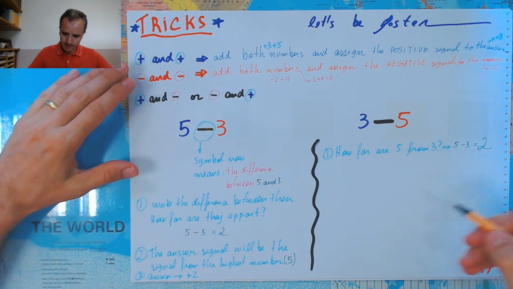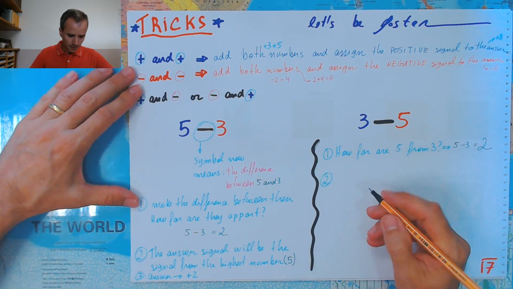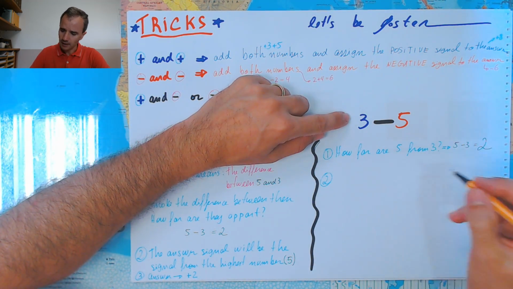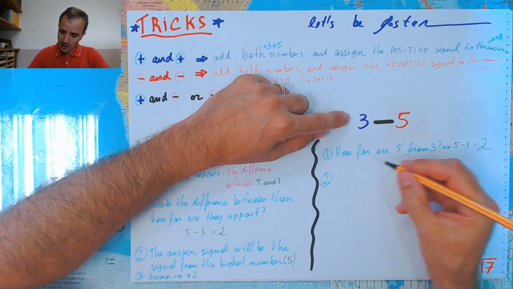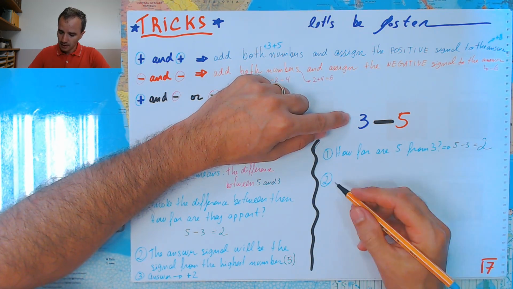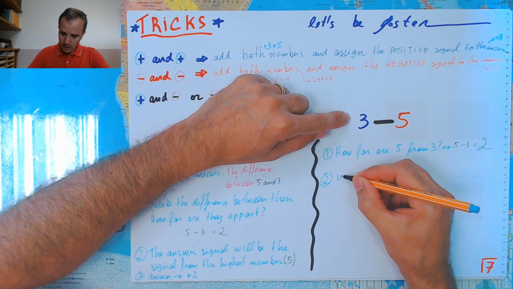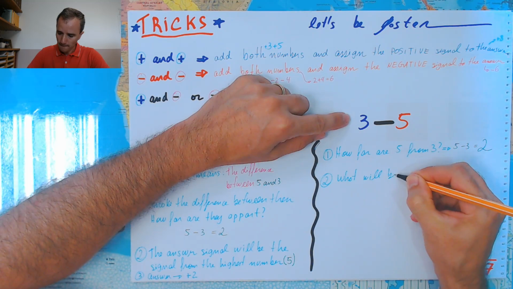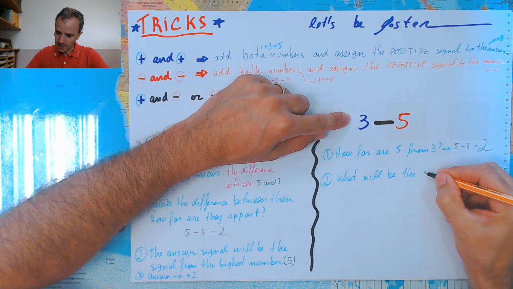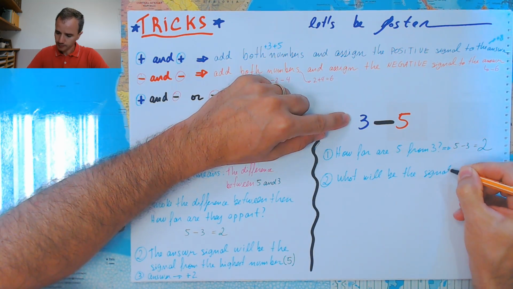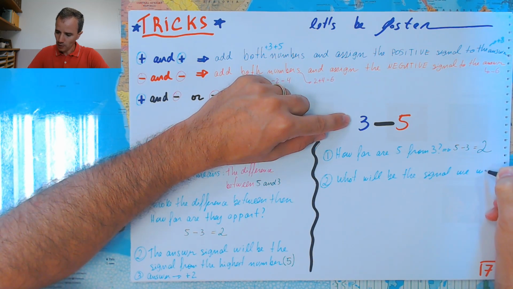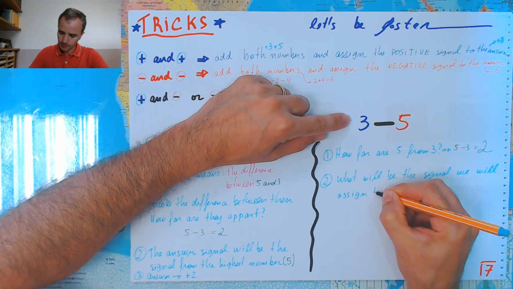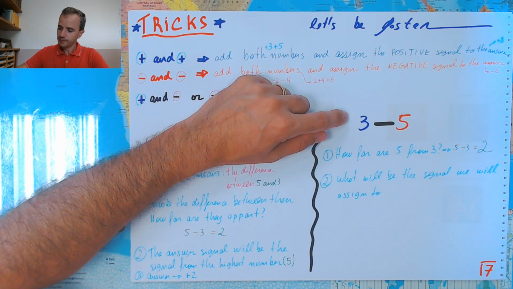Hold that. Second part, the signal comes from the 5. Why? What will be the signal we will assign to our number in here?